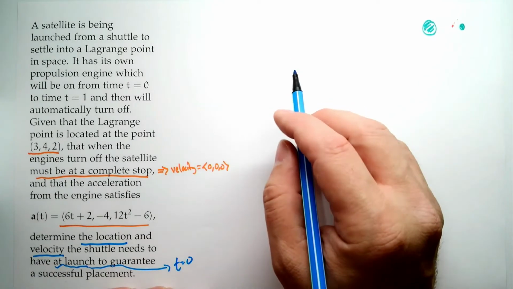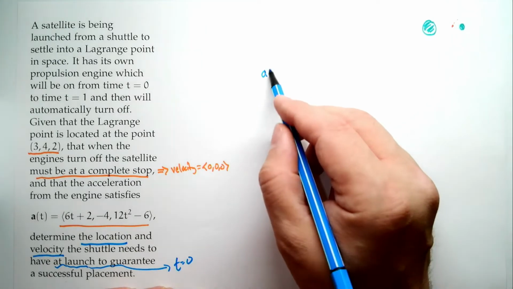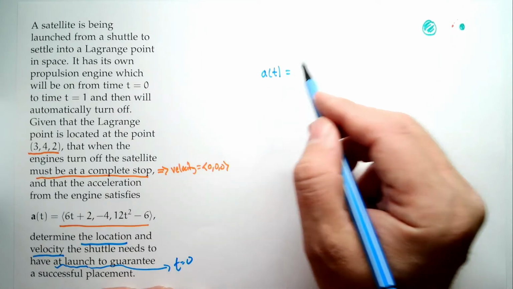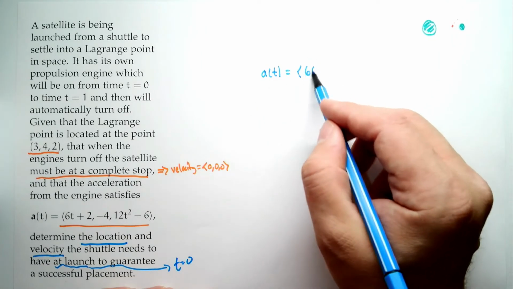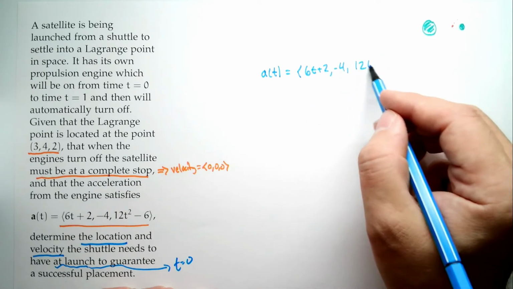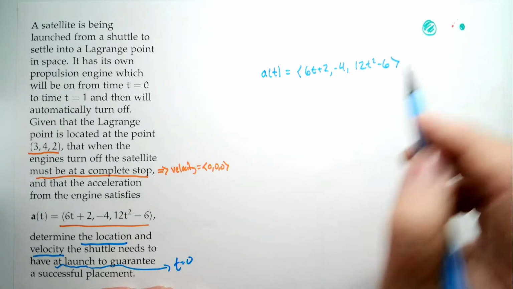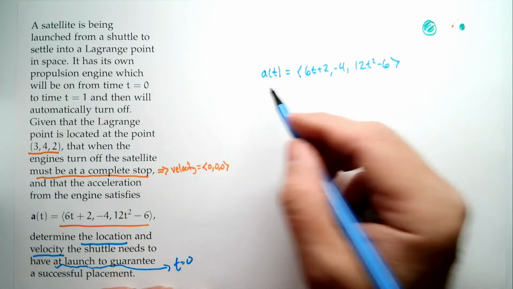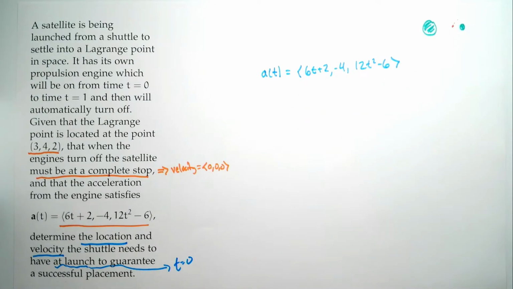So what do we do? Well, we start with our acceleration. We say that's (6t plus 2, negative 4, 12t squared minus 6). If I want acceleration, and I need information about velocity and location, what do we do? We integrate.